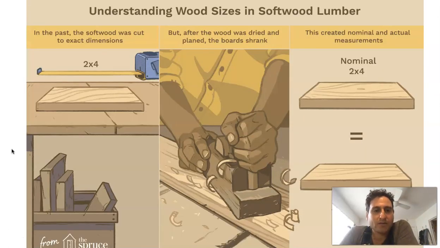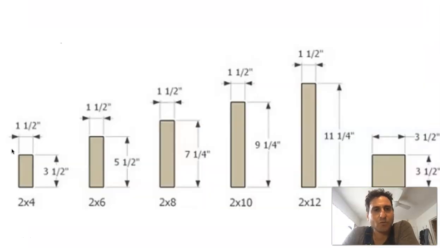Another way that the building and construction industry is extremely confusing is understanding wood sizes, particularly in standard softwood lumber. When you order a 2x4 from the lumberyard, you don't actually get 2 inches by 4 inches. You get 1.5 by 3.5.